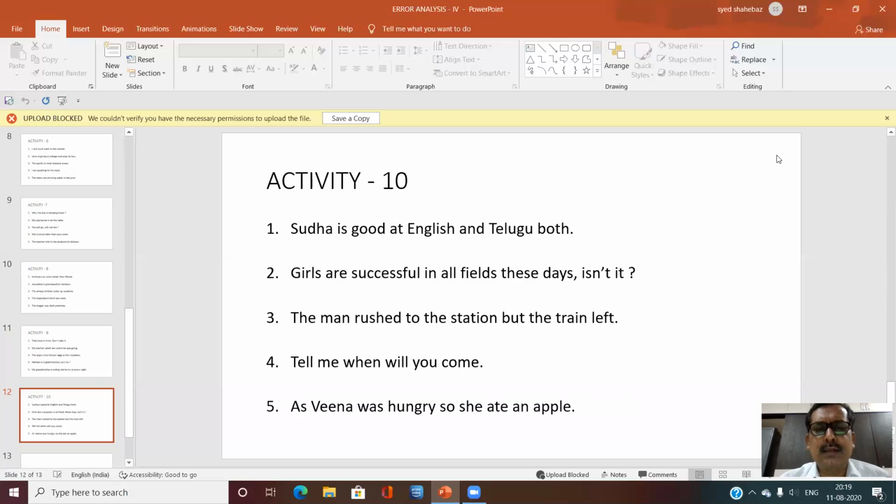The man rushed to the station, but the train had already left. Tell me, when would you come? As Veena was hungry, she ate an apple.